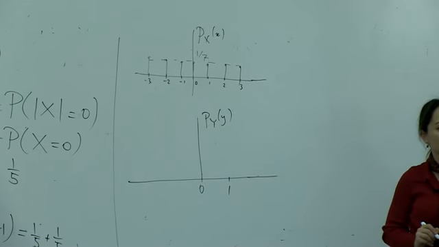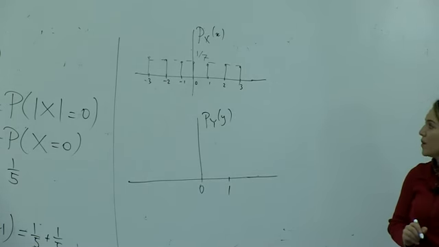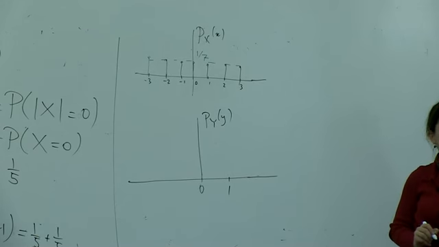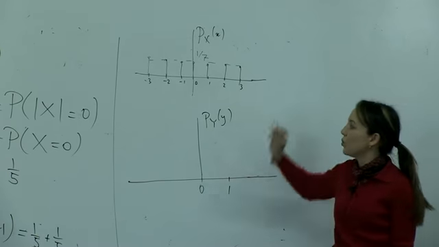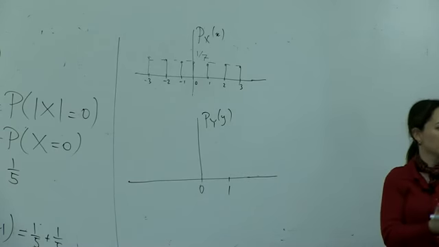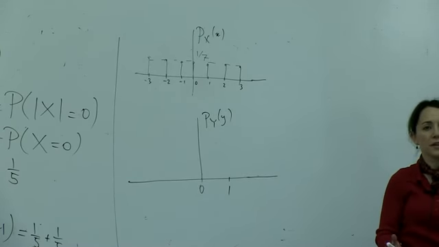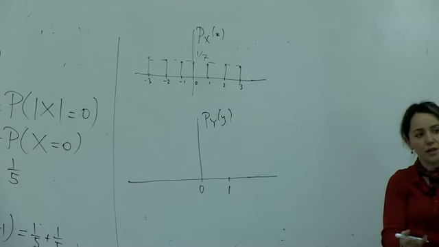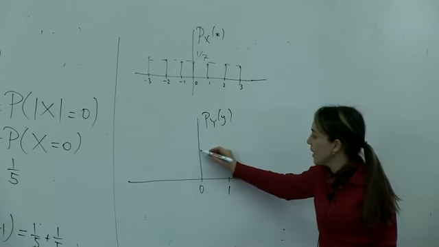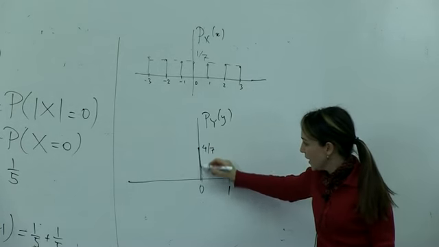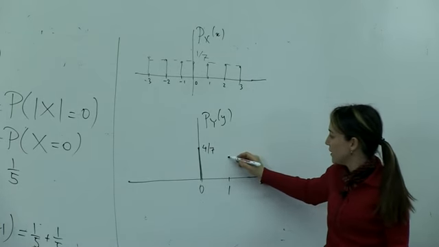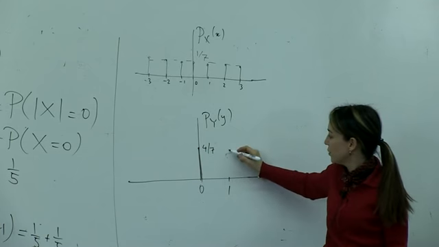Y takes 0 when x is negative, which is -3, -2, -1. Correct. And we can add 0 also to those if we define unit step function to take the value 1 at 0. So that would be excellent. Yes, 4/7. And this would be then 3/7. Good.